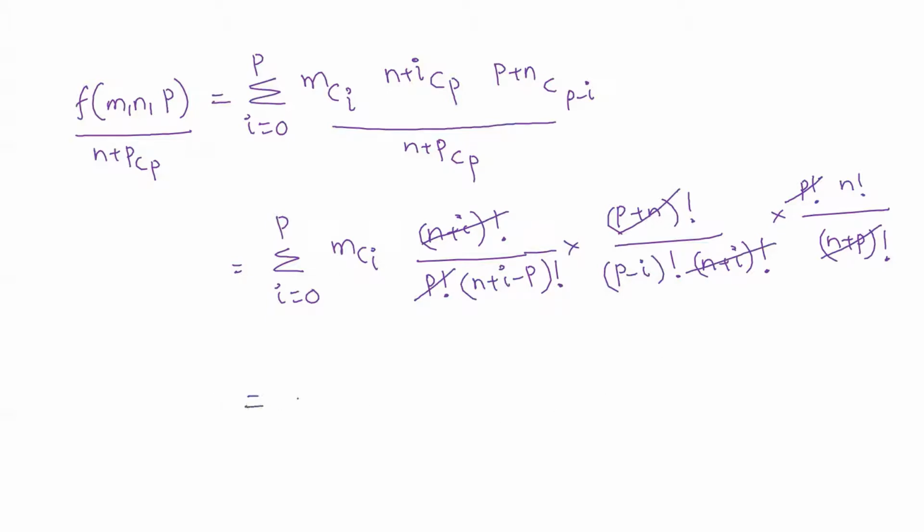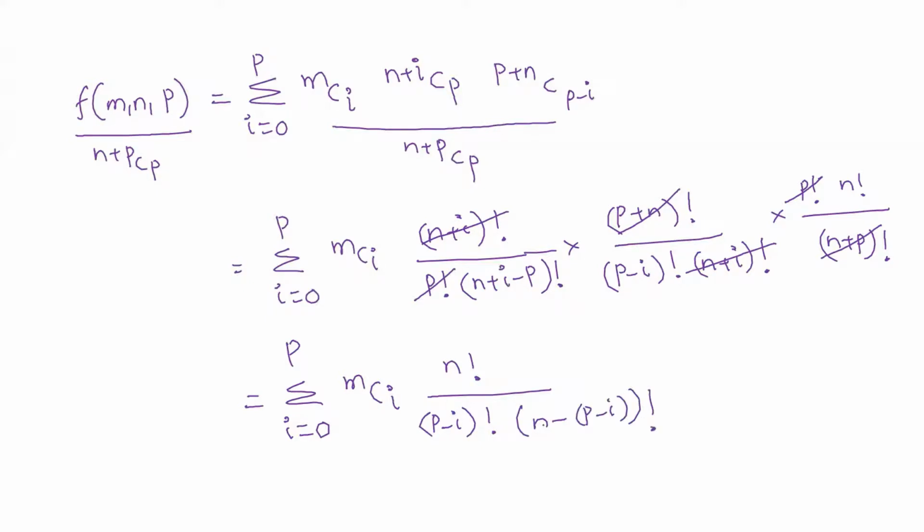Okay, so now if we consider the remaining terms that we have here, summation i equal to 0 to p, this is going to be equal to mCi, and the remaining terms are n factorial upon p minus i factorial times n minus, I can write this as p minus i factorial. This also looks like another nCr type of definition, right?